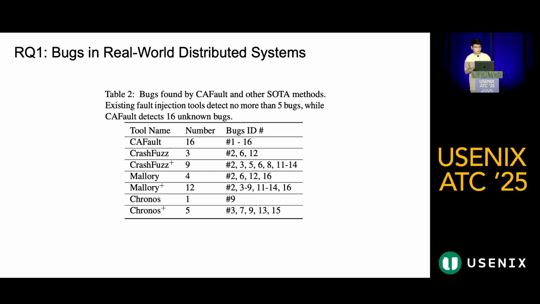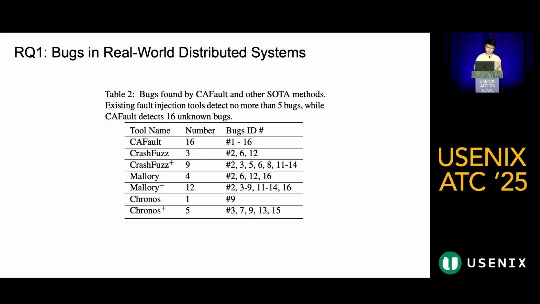Since the existing tools only perform testing on the fixed and default configuration setting of the distributed systems, to provide a fair comparison and validate whether FDModel can enhance the testing performance of existing fault injection tools, we also integrate FDModel into these tools, which we refer to as CrashFuzz Plus, Mallory Plus, and Chronos Plus.